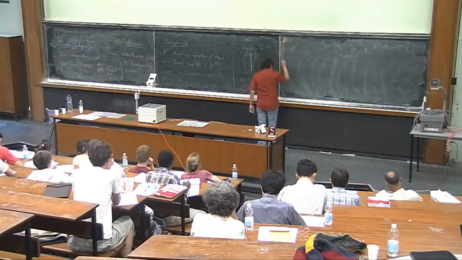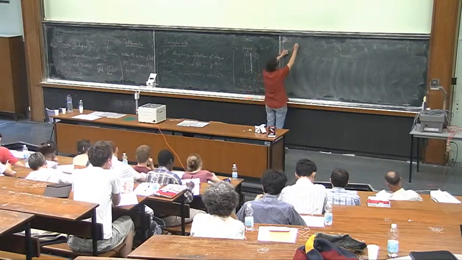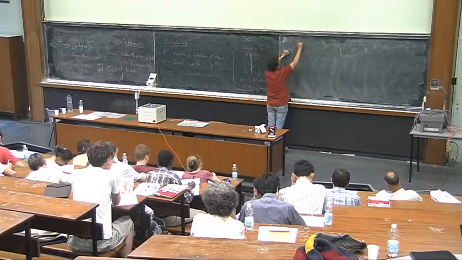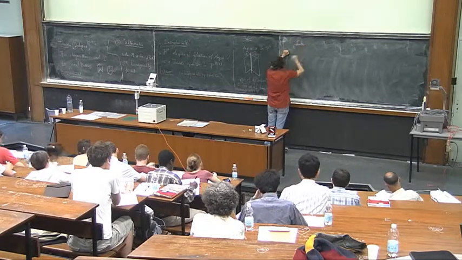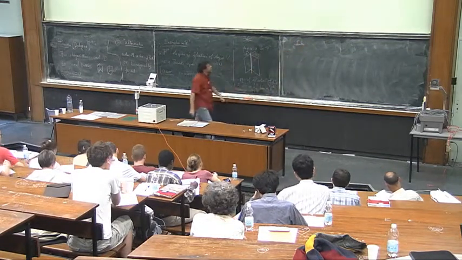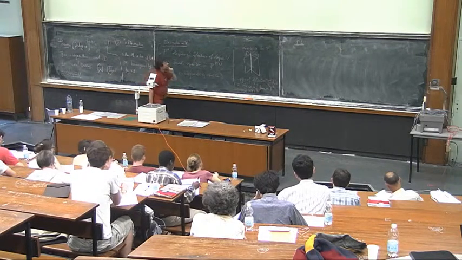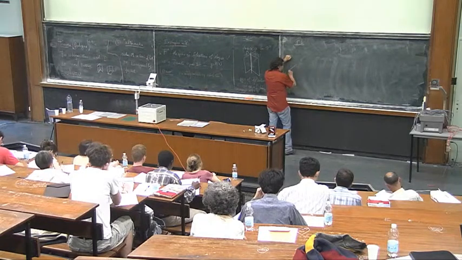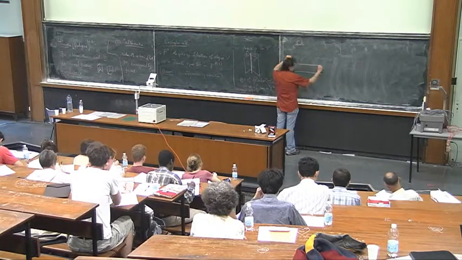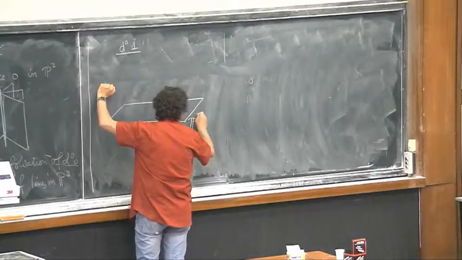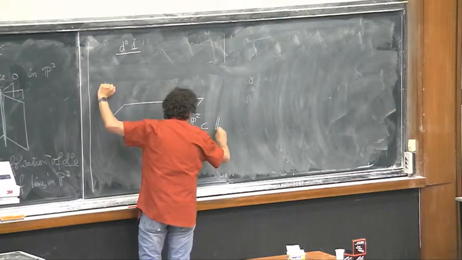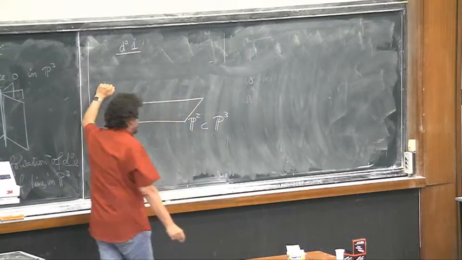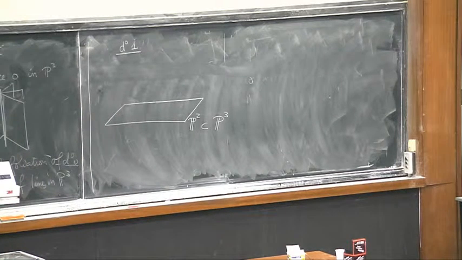Degree 1 is a little bit more complicated. I give an example of a foliation of degree 1 in P3. In P3, I take a plane P2, for example, one coordinate equal to 0.